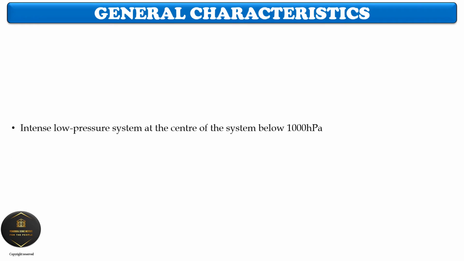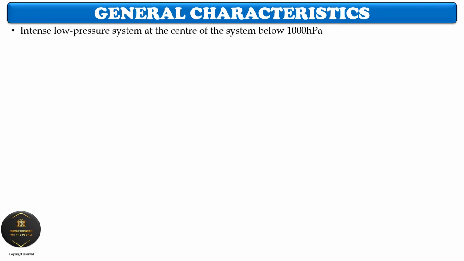Now, the first general characteristic is that the system is associated with an intense low pressure. Remember, with mid-latitude cyclones, we said they are associated with an extensive low pressure. So for this system, pressure really plays the key role. It has to be really, really low, below 950 hectopascals.